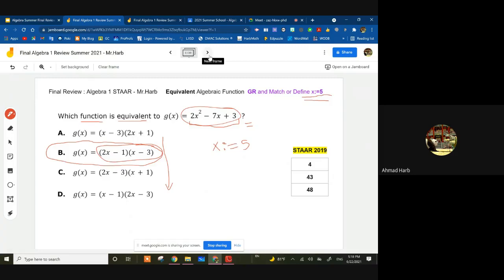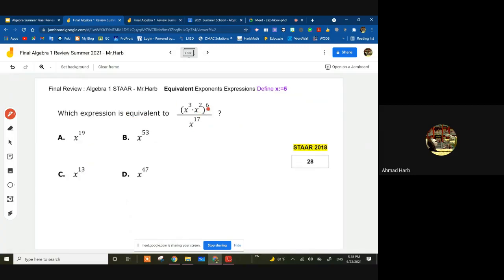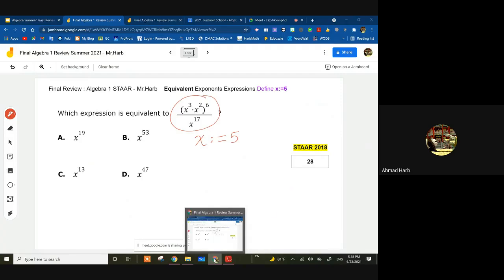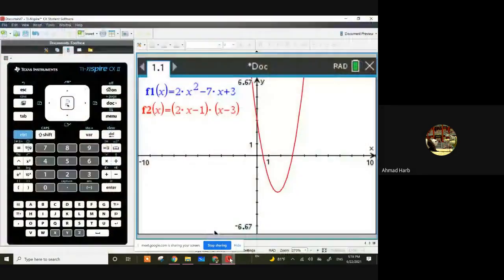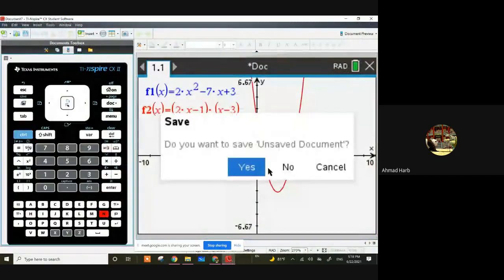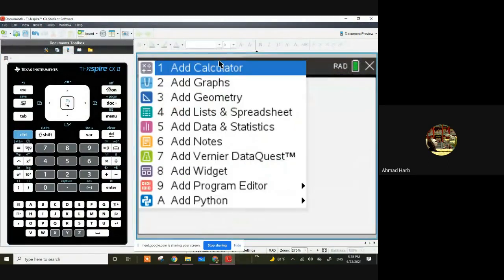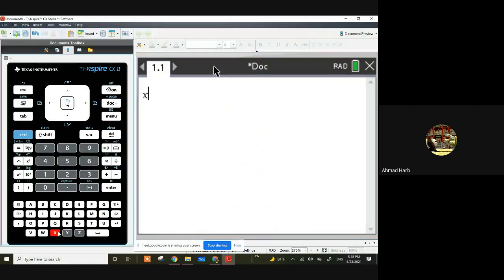Now the third question. This is one letter, there's no equal sign, so the method we're going to use is define. We're going to define x as 5, type in this expression, and whatever answer choice gives you the same answer will be it. So let's try. Control N, and we're going to go to the calculator now. I'm going to put x defined as 5. Then I input the expression that's given to us.